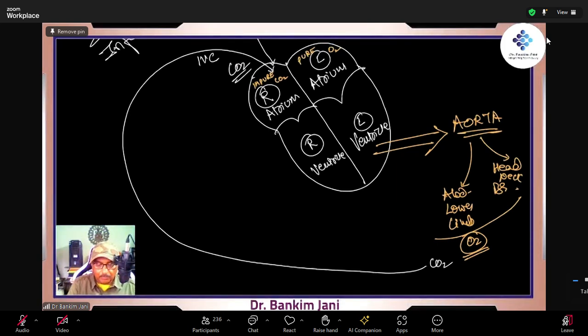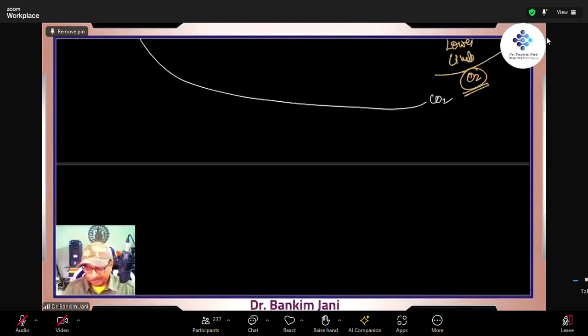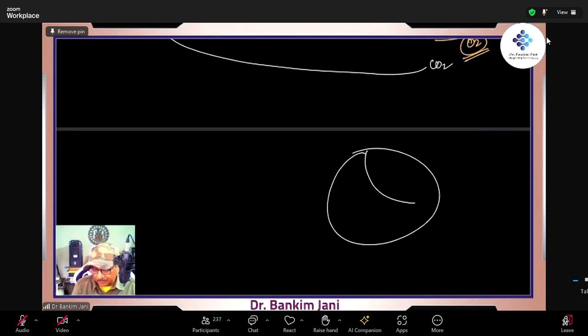Then there is a valve. This valve has cusps. Cusp means cup, exactly like bicuspid and tricuspid. So this is having three cusps. When the blood goes, the cusps are like this, and then the blood goes between them. When the blood tries to go back, these cusps will be tightened and the blood will be trapped.